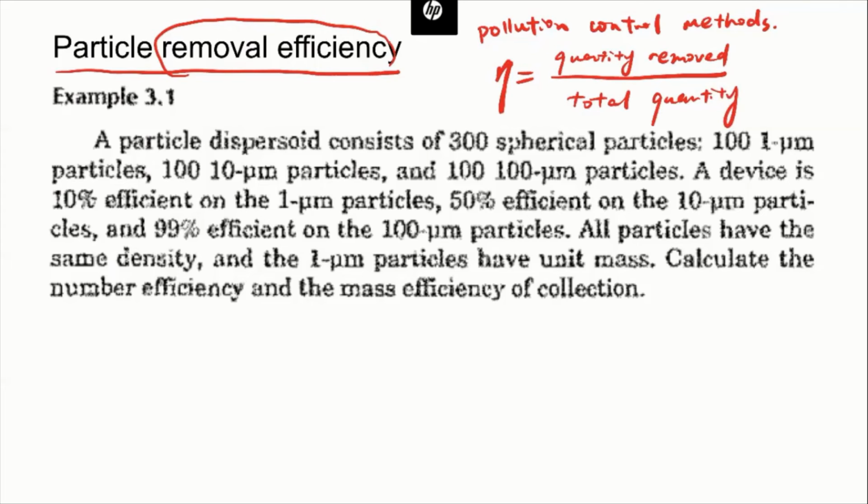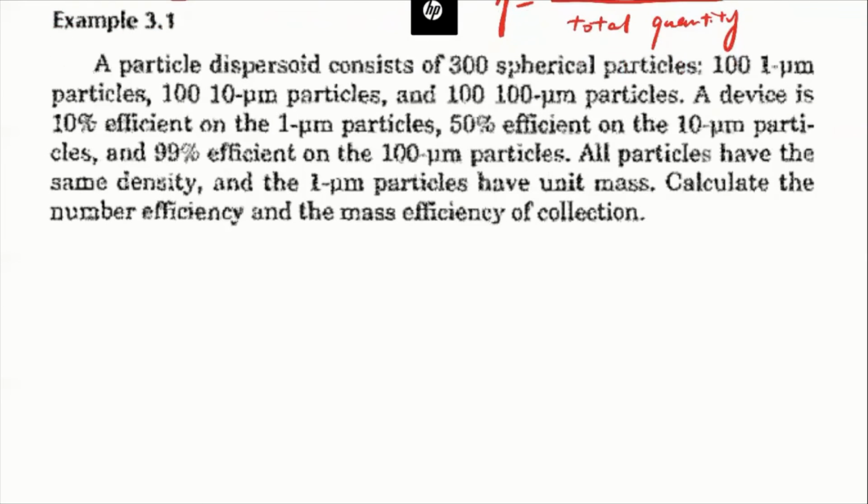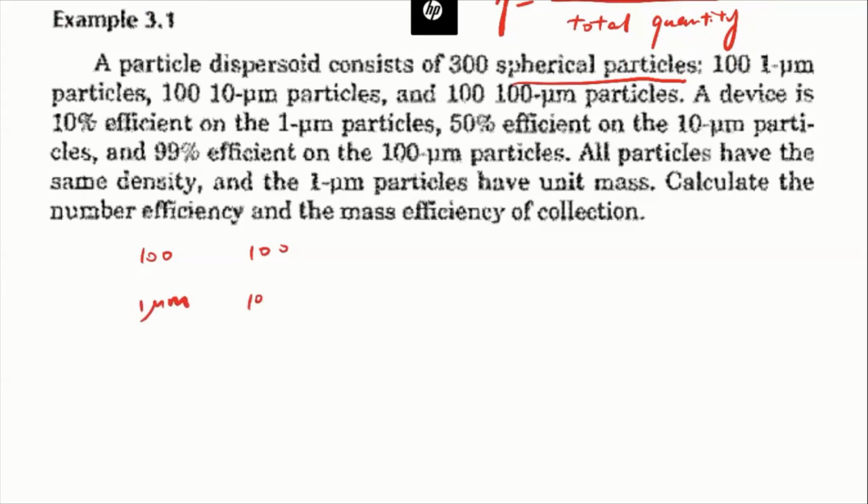If the removal efficiency is 100%, then the quantity removed is going to be equal to the total quantity. Let's say we have this example here. We have 300 spherical particles, but these 300 particles have different sizes. 100 of them are 1 micron, 100 of them are 10 microns, and 100 of them are 100 microns.